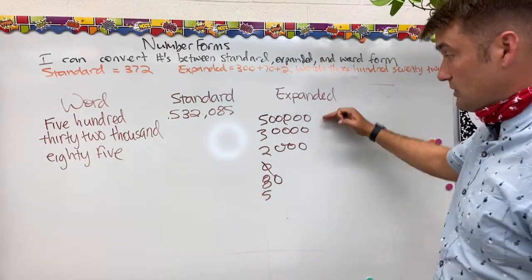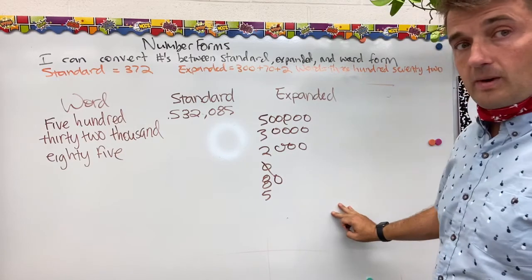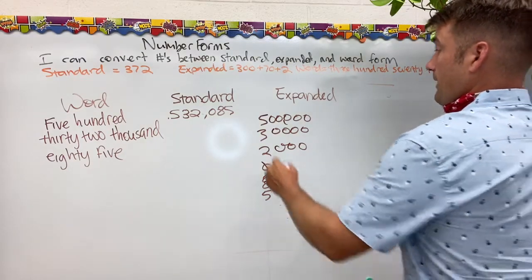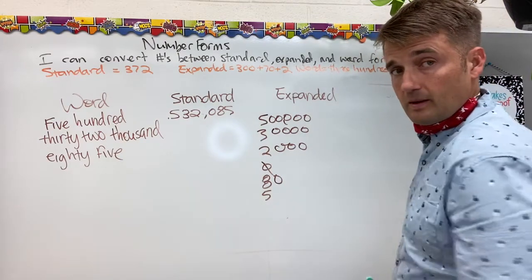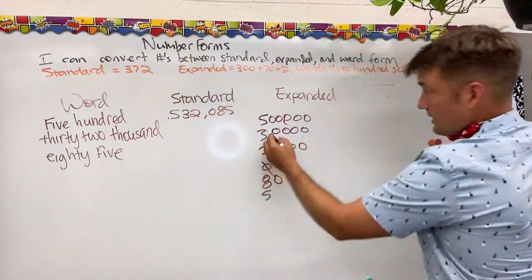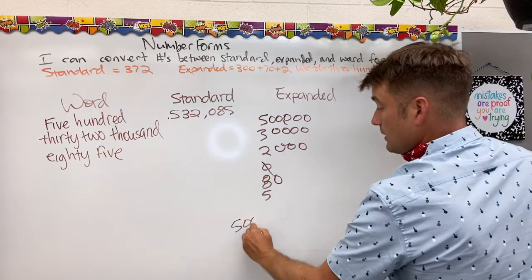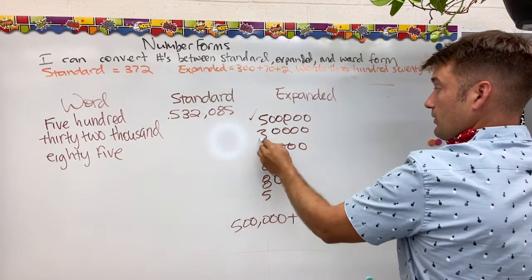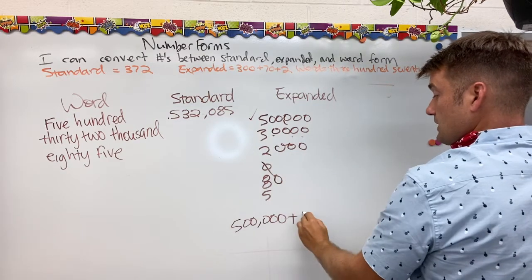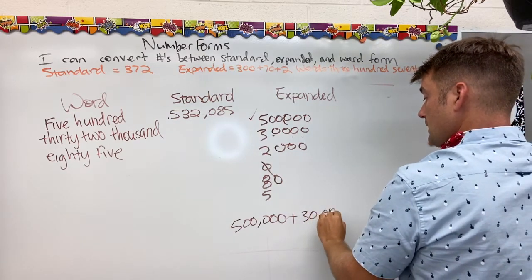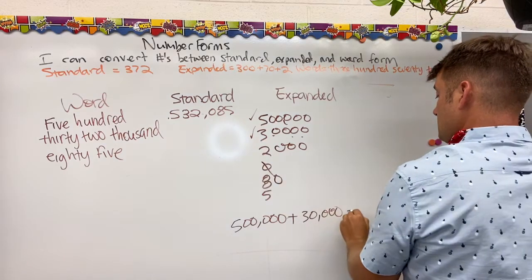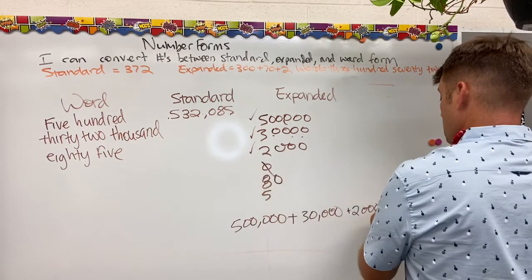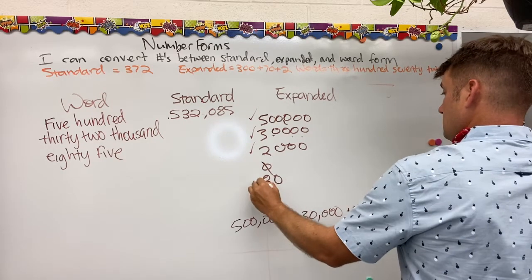Now I can use this to help me write the expanded form, if I do this little in-between step. I'll do it down here. I'm just going to copy now. 500,000 plus 3 with 4 zeros, so that's 30,000, plus 2,000, plus 80, and 5.